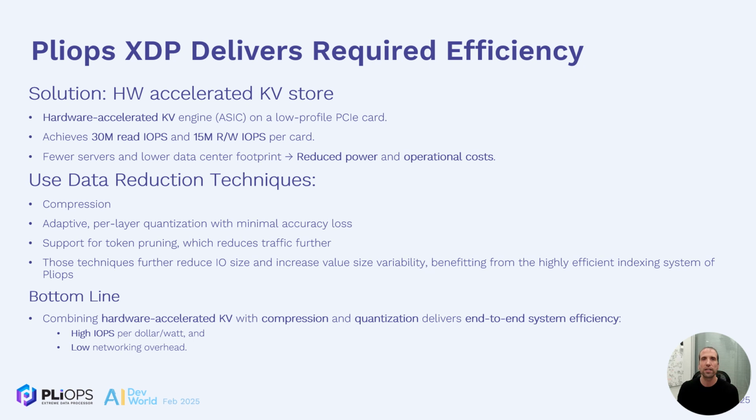All those techniques not only improve efficiency, but also lead to increased data size variability, and our system is excellent on such workloads, so we can sustain this load very naturally. So the bottom line is that by combining hardware-accelerated key-value processing with compression and quantization, we achieve end-to-end system efficiency, delivering high IOPS per dollar or watt and low networking overhead, making large-scale KV cache offloading both practical and cost-effective.